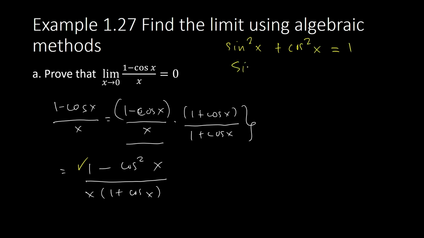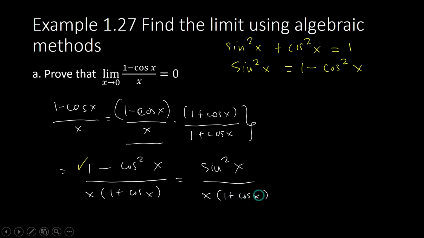That means the square of sine of x is equal to 1 minus the square of cosine of x. So we can replace this numerator with the square of sine of x, divided by x times 1 plus cosine of x.